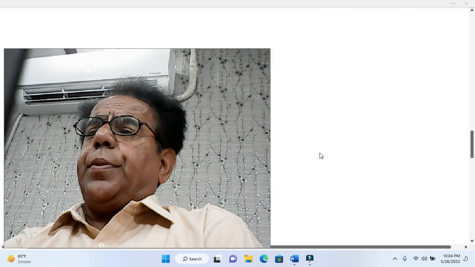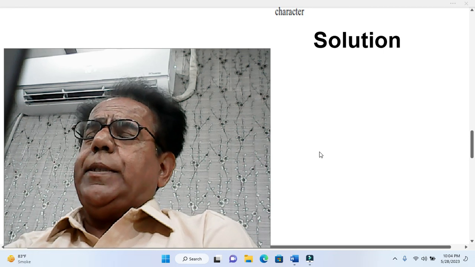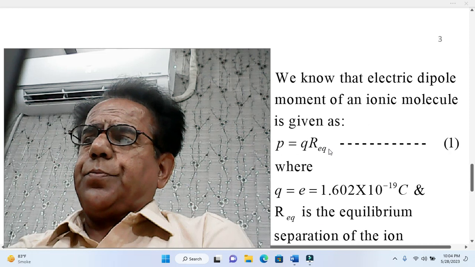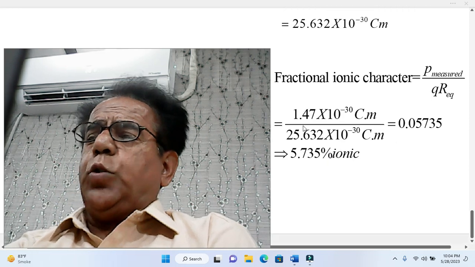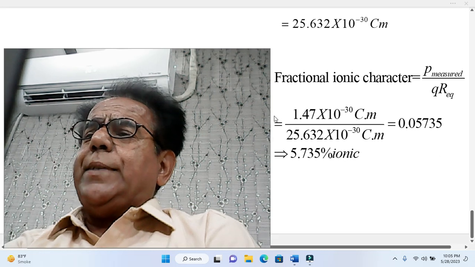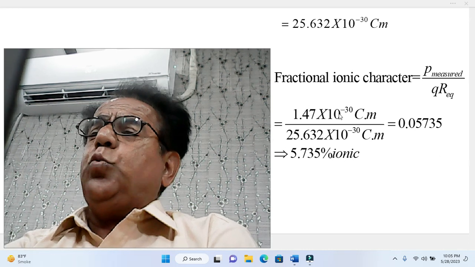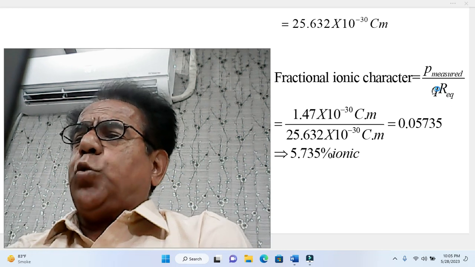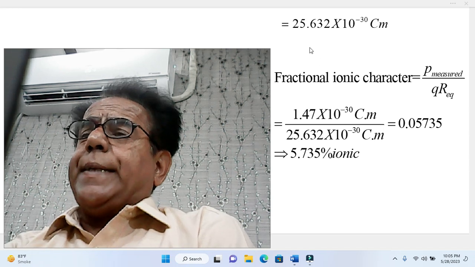So we have used this value here. In the numerator there is only one term, and this value has been taken from the statement. Moreover, in place of q R EQ, we have taken this value.